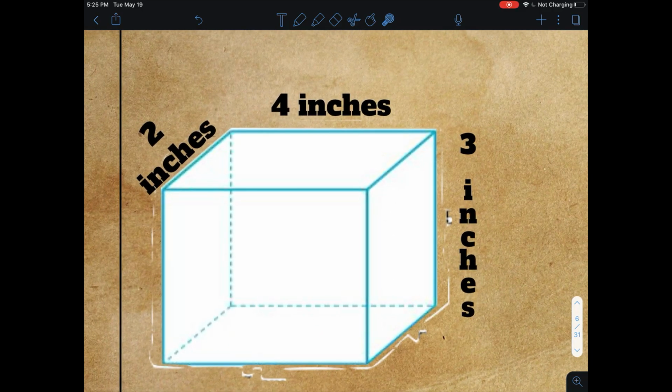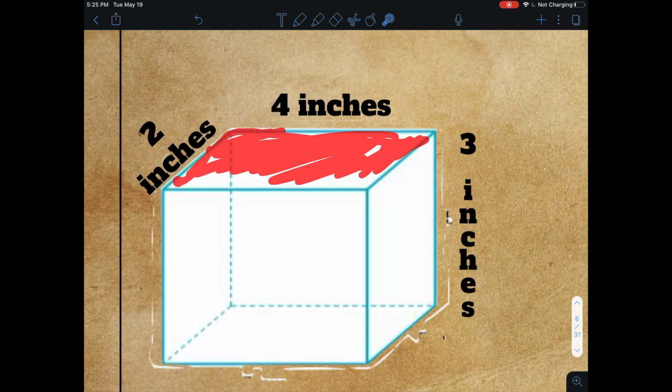So step 1, look at this top layer right here. It's not made of cubes, but what we can imagine is that it's made of paper. If you imagine this as a little sticky note, then that's perfect. It's a thin piece of paper, and it's 2 inches by 4 inches.